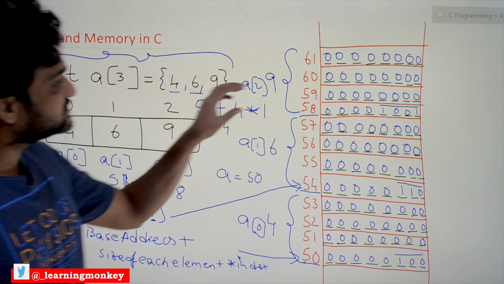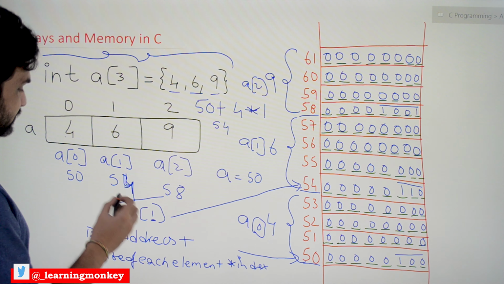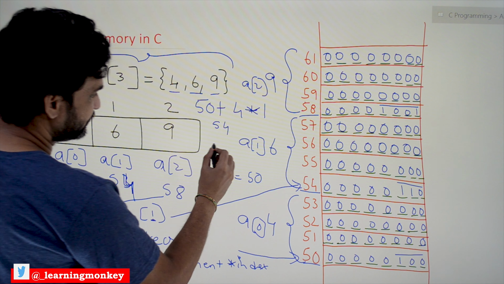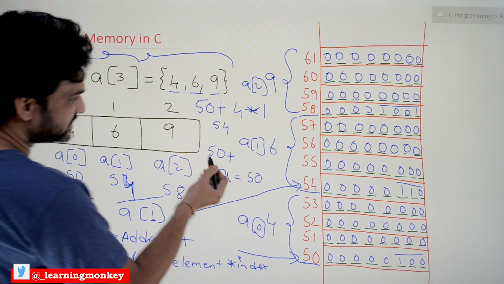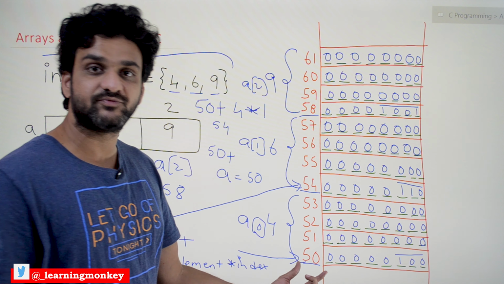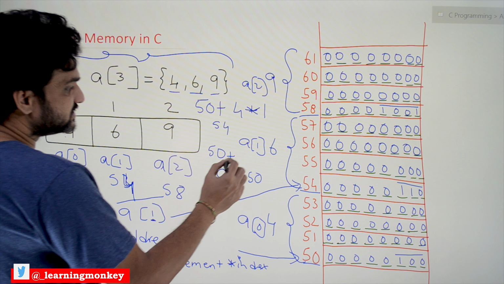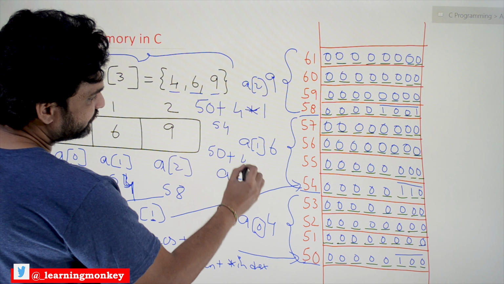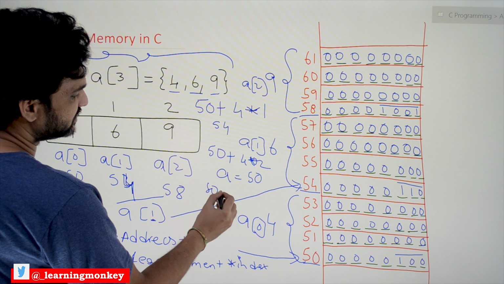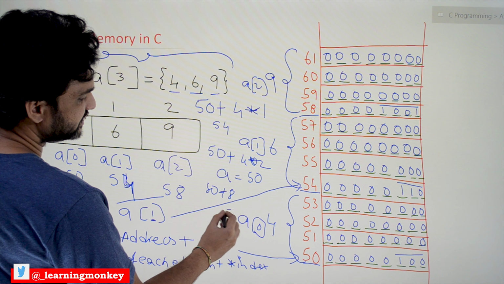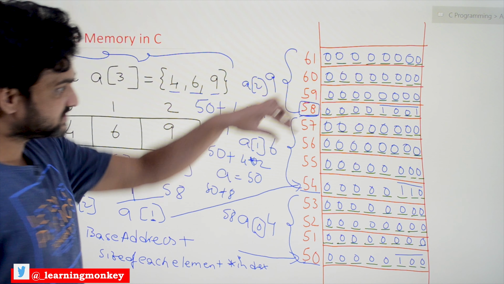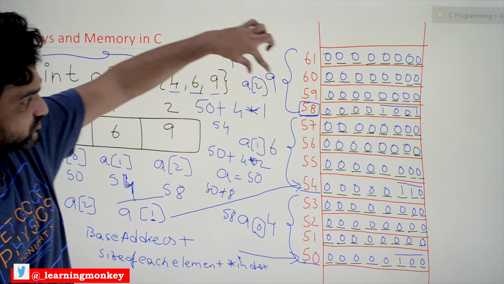Similarly, if we want to access a of 2, how can we do it? A of 2 is equal to 50, the base address is 50, so for any element in the array, the base address is always going to be 50. 50 plus 4 into 2 means 50 plus 8, which is 58. So the starting address of a of 2 is 58.